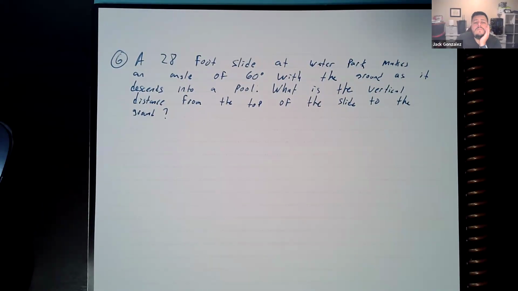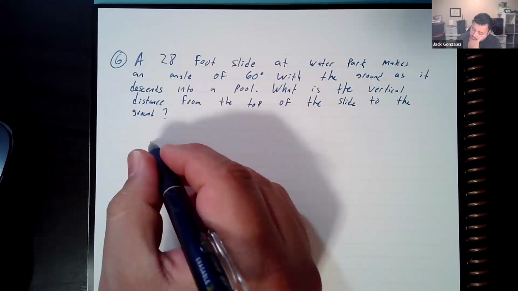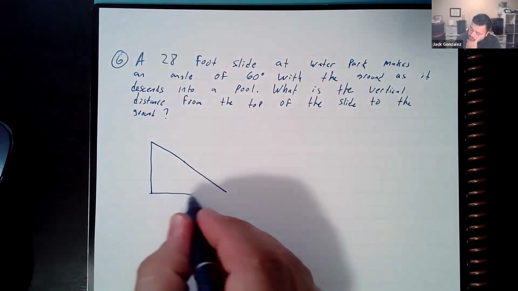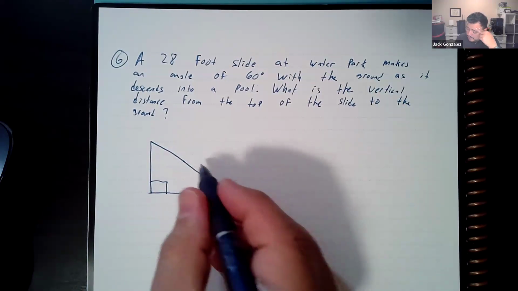All right, so I think it's safe to say that the slide is your hypotenuse, right? I want to know the height. I'm coming down the slide, which is 28 feet long.